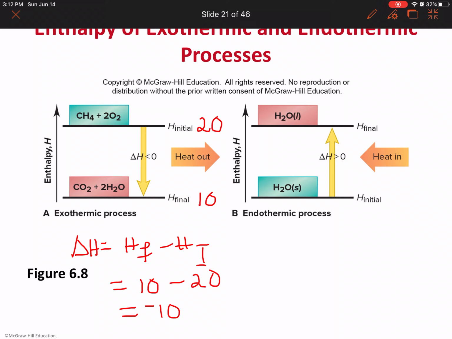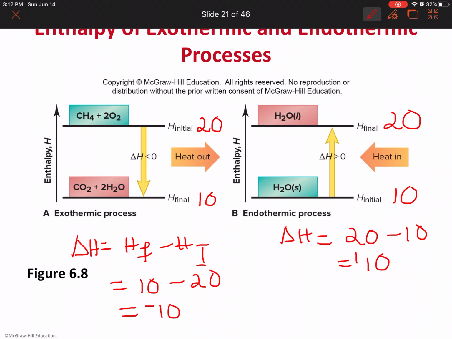Okay. So in an endothermic process, let's say initially you have 10, and now finally it has gained energy, 20. So 20 minus 10 is positive 10. So for an endothermic process, delta H is going to be positive, greater than 0.